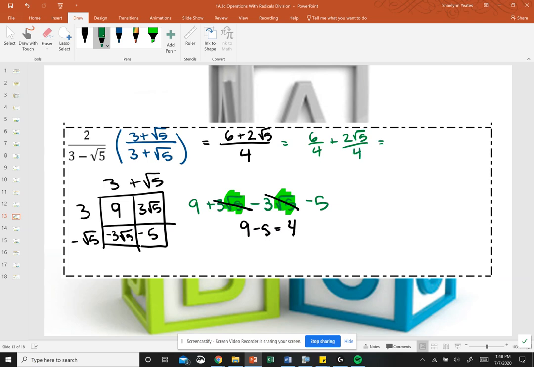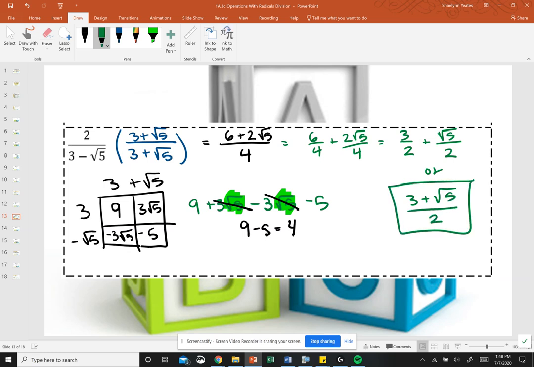Well, 6/4 is the same thing as 3/2, and 2/4 is the same thing as 1/2. So this just ends up being 3 plus the square root of 5 over 2. Really, we just took it all and divided everything by 2, each piece.